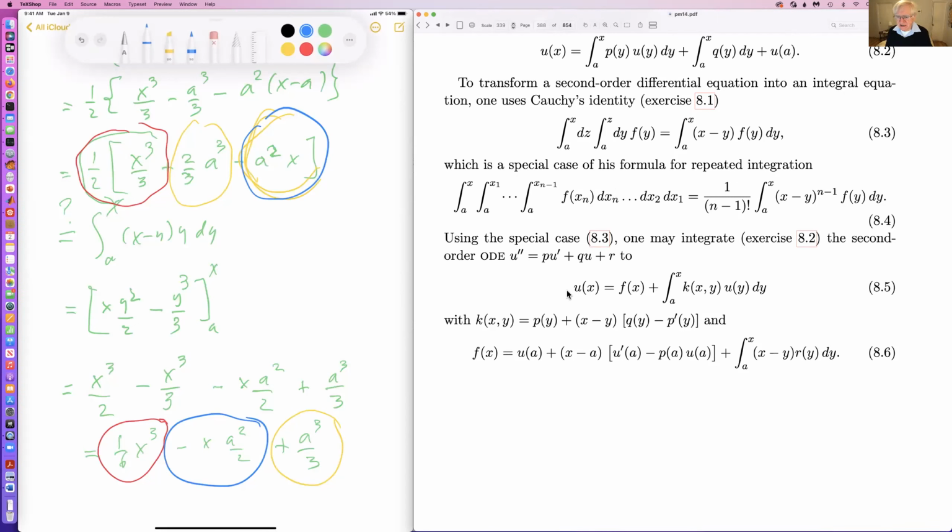But there's something really nice about this. What you've got here is u, the unknown function, at many points, an arbitrary x, and all the points y between a and x. Well, that's a linear relation. So from the point of view of linear algebra, you can just ace this equation numerically.